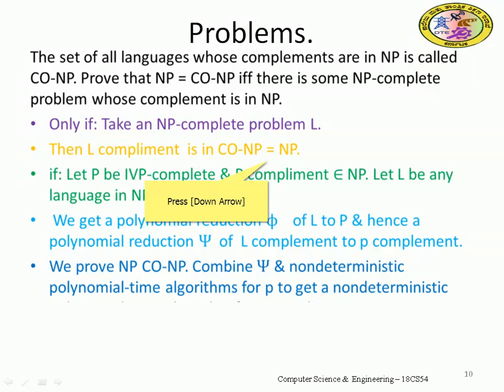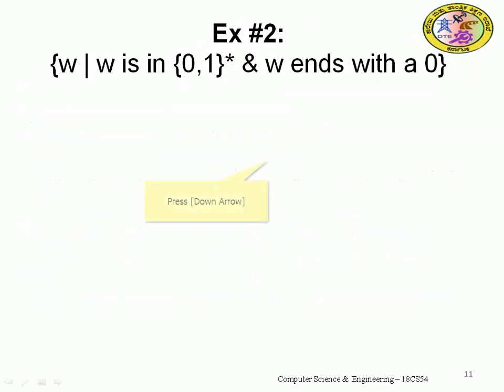So we prove the complement of NP by combining psi and the non-deterministic polynomial time algorithm for P to get a non-deterministic algorithm. So that can be observed in this problem: NP is equal to the complement of NP.